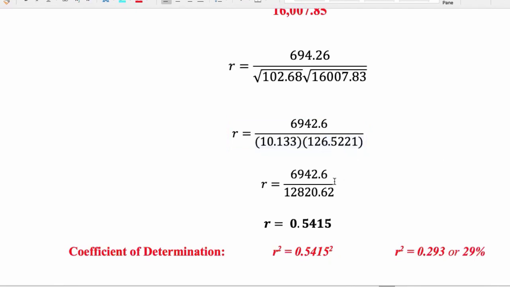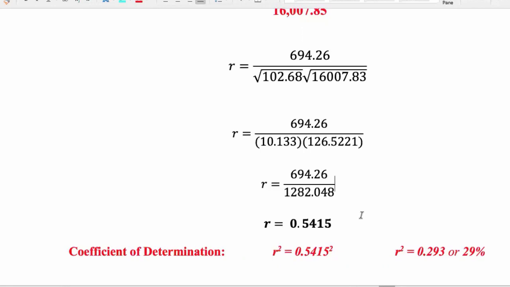Multiplying those out is going to give me 1282.048. And that's divided into your 694.26. So let's work that out.